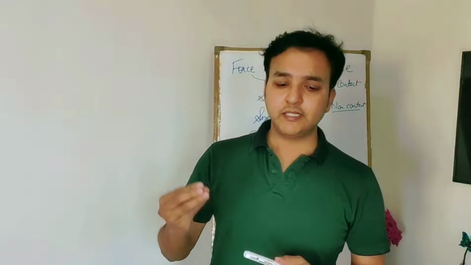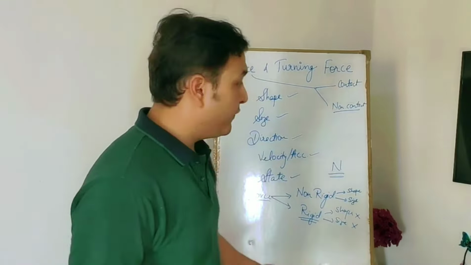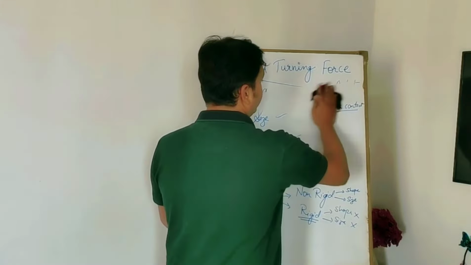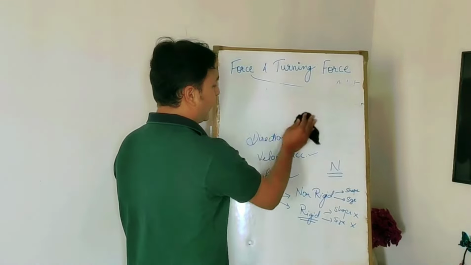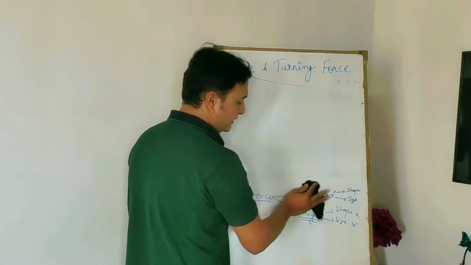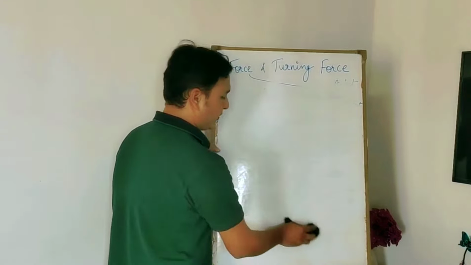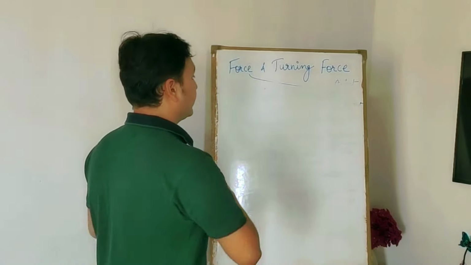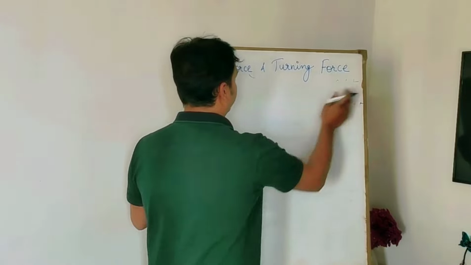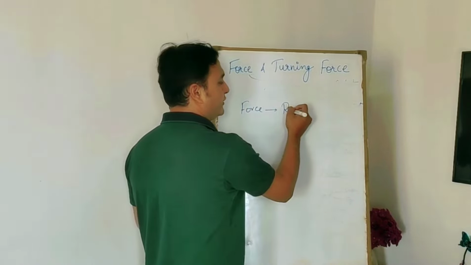Alright, so this is what we are going to learn. When a force is applied on a rigid body, what happens? This is what we are going to learn right now. Alright, so there is a force which is applied on a rigid body.